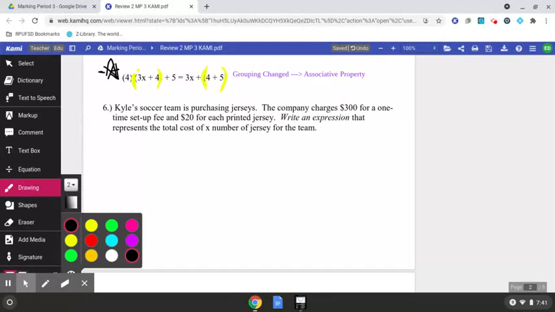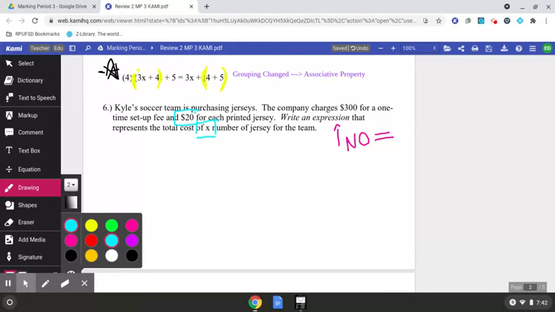Okay, number 6 says Kyle's soccer team is purchasing jerseys. The company charges $300 for a one-time setup fee and $20 for each printed jersey. Write an expression, which means no equal sign, just an expression that represents the total cost of X number of jerseys for the team. So again, they are telling us to use X for jerseys. They're telling us that jerseys are $20 to be printed.